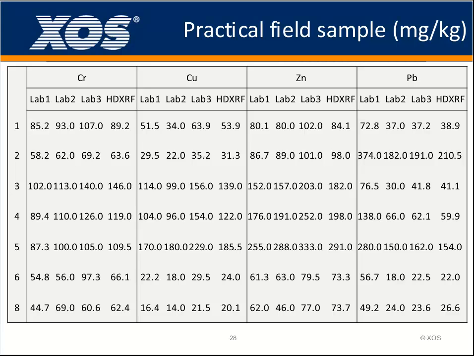And there's a systematic error, I think, because I do not know if they made some error during the process of the sample. And for zinc, we can check the lab 3 result. We can see the result of zinc in lab 3 is almost 50% higher than lab 1, lab 2, and HDXRF. So this is a limitation of the lab analysis.